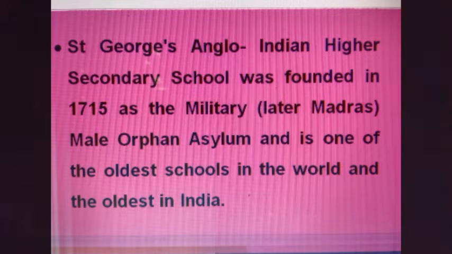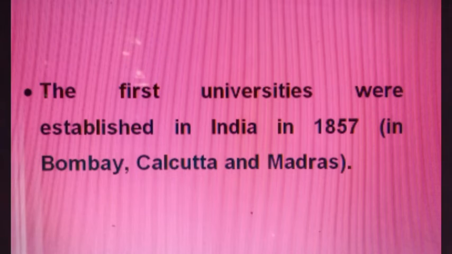So the oldest English medium school in India was St. George's Anglo-Indian Higher Secondary School, established in Madras. The first universities were established in India in 1857 in Bombay, Calcutta and Madras.